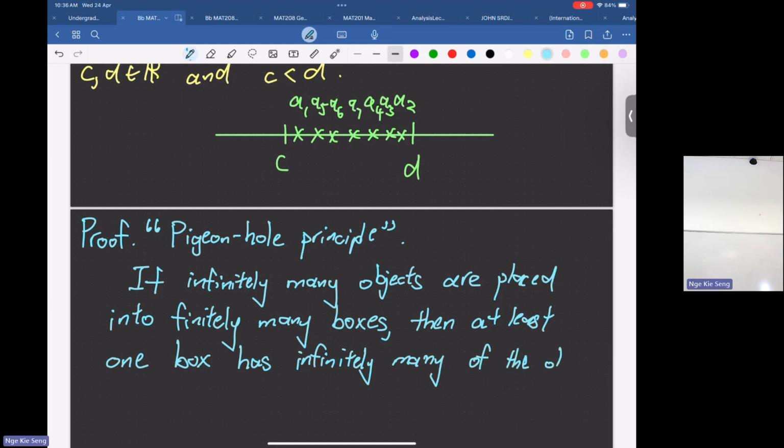Does this make sense? If the second line is not true, meaning what?